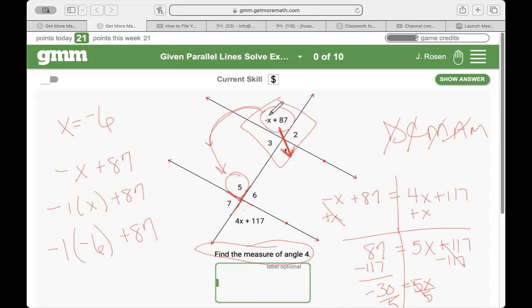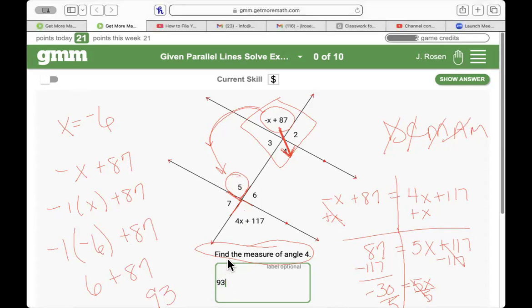So when you have that negative in there, make sure that you have a double negative, which essentially makes it a positive, right? And then we're going to take 87 and add 6, and that gets us 93. So the measure of angle 4 is going to be 93.